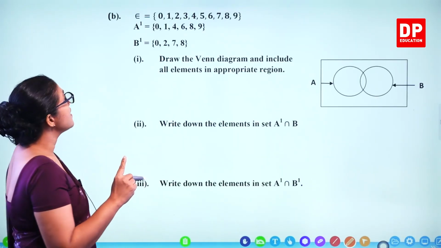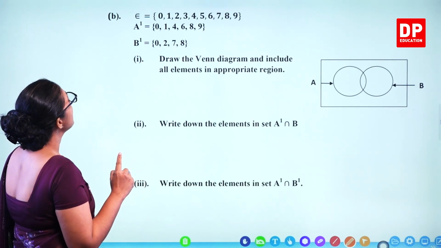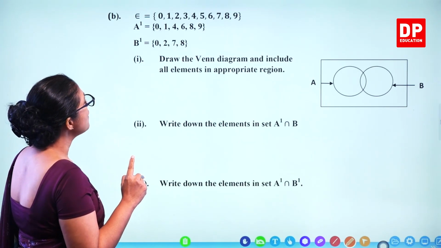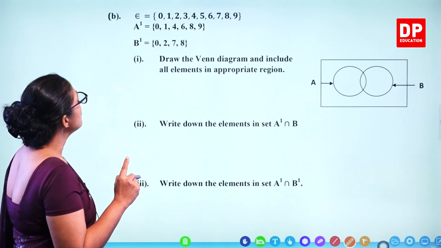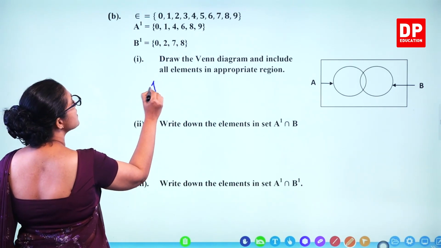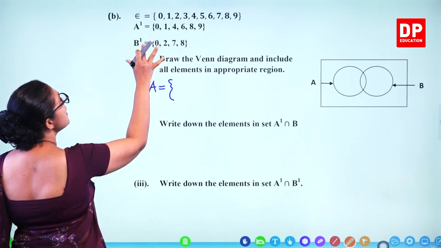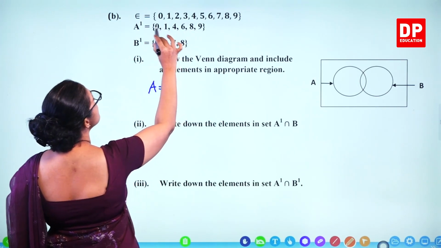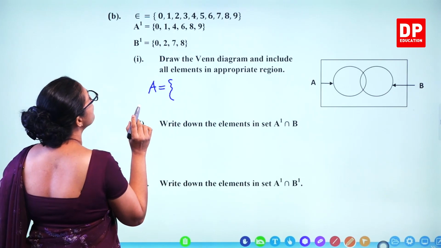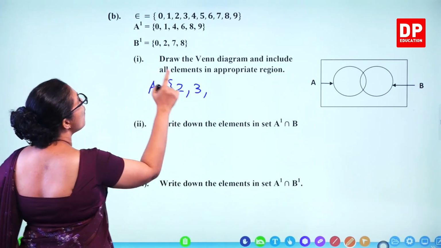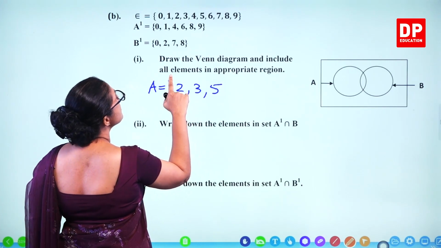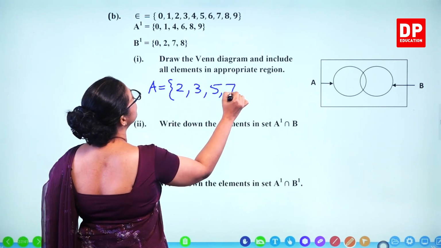Epsilon means the entire set is given. A dash, B dash. Draw the Venn diagram and include all elements in the appropriate region. So it's better to write A first. A means everything inside. Now outside is given 0, 1, 2 should be inside. Then 3, 4, 5, 6 is there, 7, 8, 9.